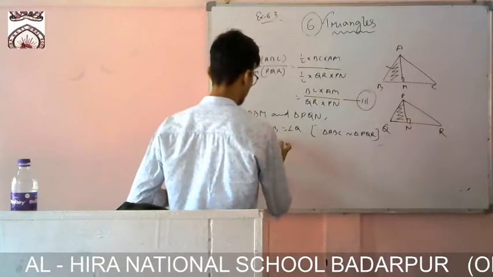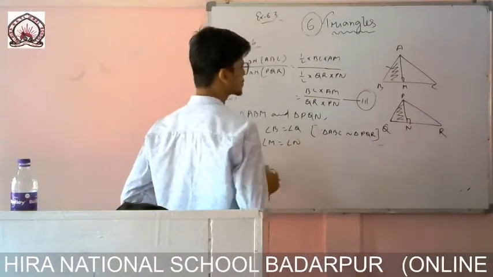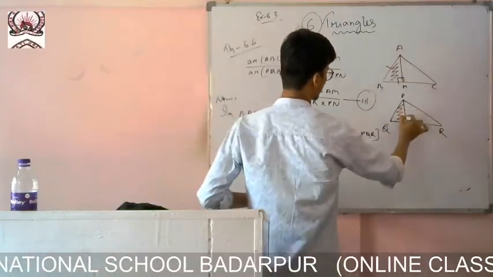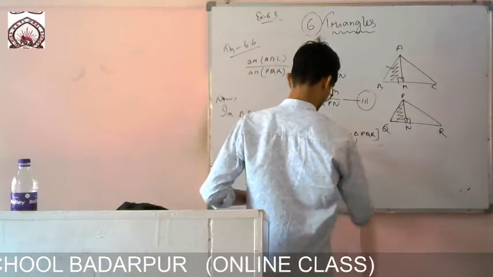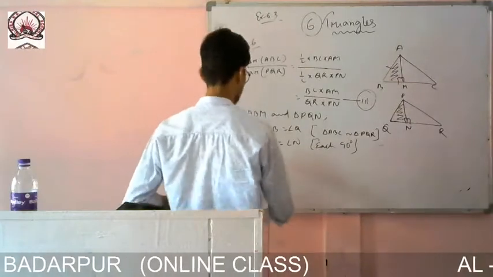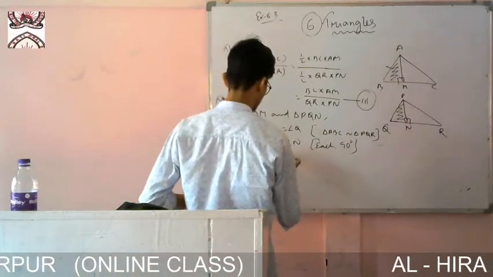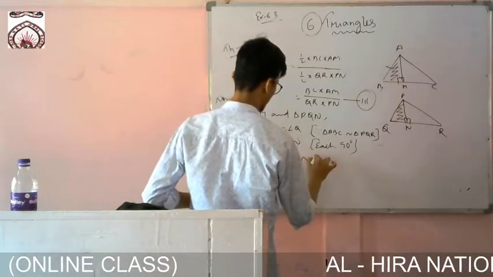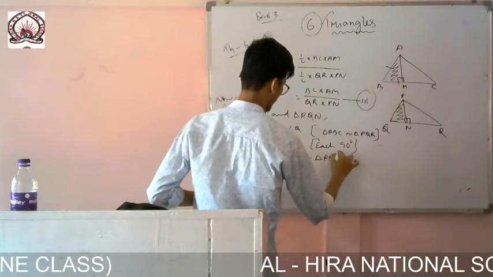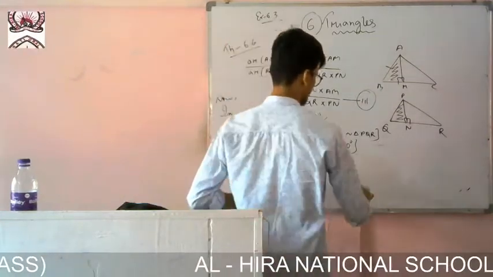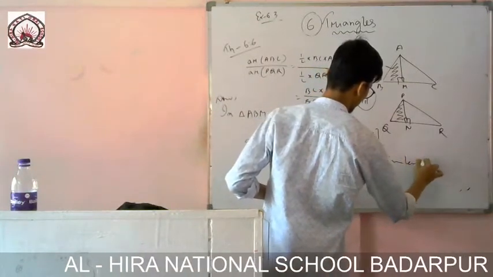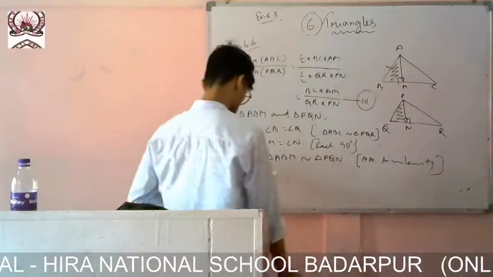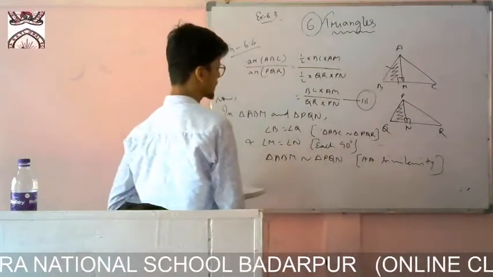And angle AMB will be equal to angle N because these are 90 degrees each. If two angles are equal in a triangle, I can say that these two triangles are similar, by angle similarity. So we have proved that these two triangles are similar.